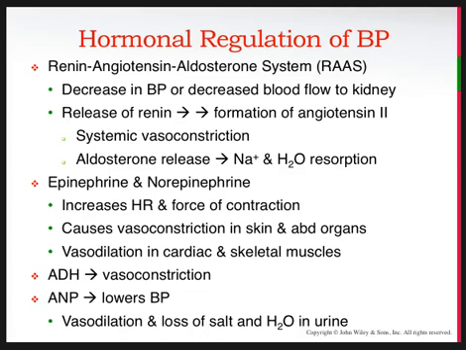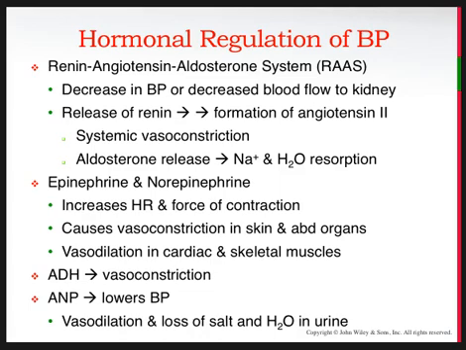So it's going to lower blood pressure. How? It causes a direct vasodilation. It opens up, it dilates those blood vessels. The other thing that it does is it allows the kidneys to filter out sodium and water and lose them into the urine and thereby decrease the total blood volume.